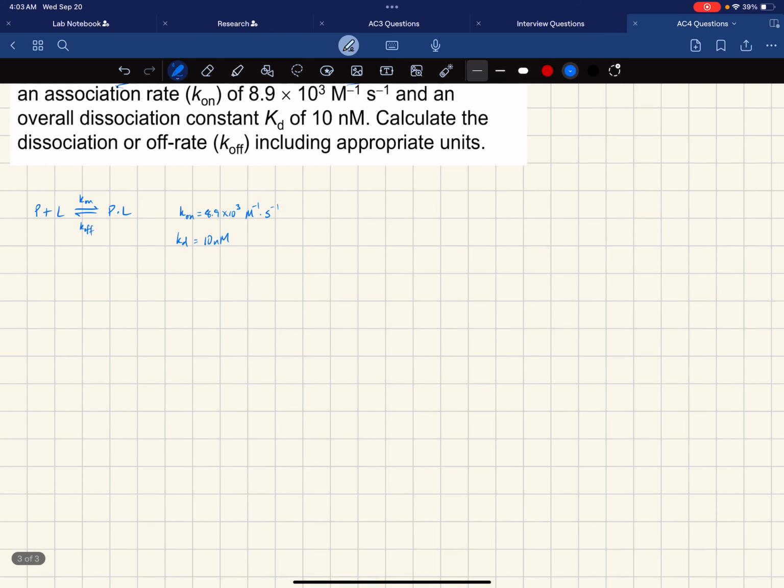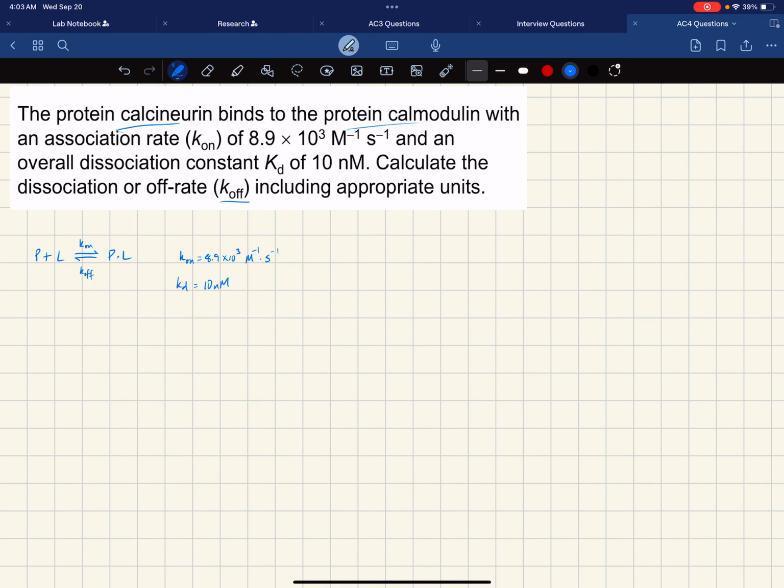So KD, the total dissociation constant, is equal to K off over K on. And if we want to find K off, that's going to be equal to KD multiplied by K on. That's going to give us the value for K off.